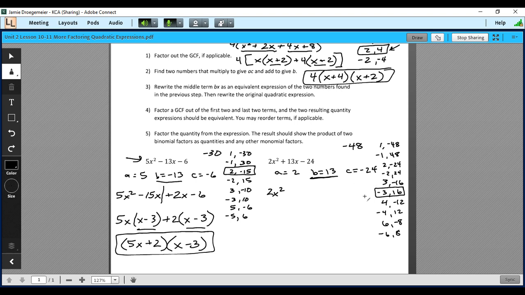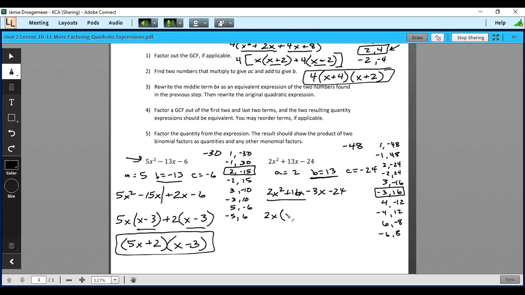So 2x squared plus 16x minus 3x minus 24. So positive 13x, we split that into positive 16x minus 3x. Now we're going to factor. 2x squared and 16x have a greatest common factor of 2x.